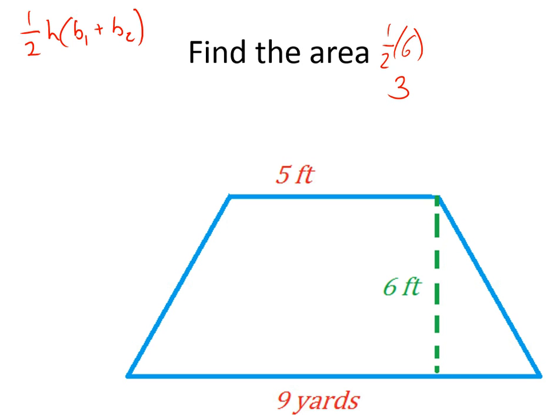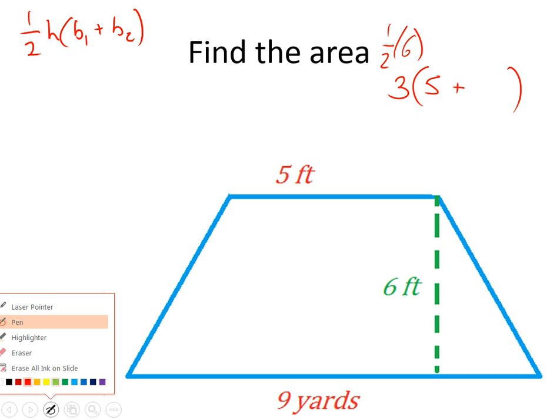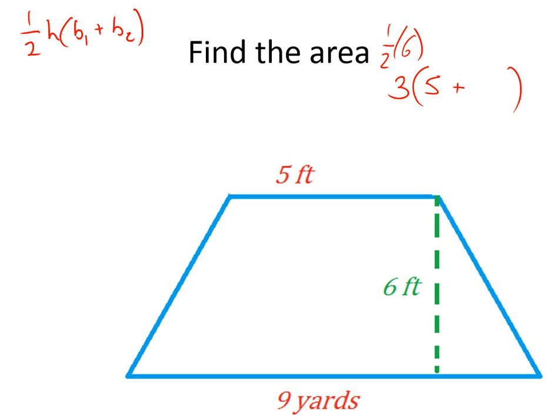So we've got that 3, and now we've got to multiply it by the sum of the two bases. Well, the first base is going to be 5, and the next base is going to be not 9, because these are in feet, this is in yards. So you're going to have to watch your units and make sure you change them.